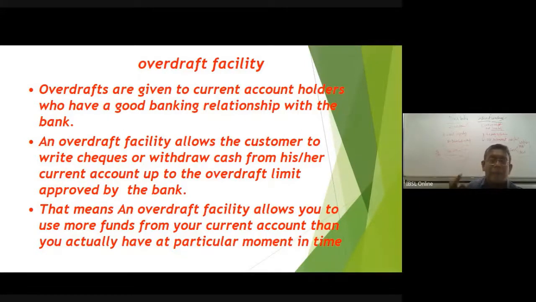You need it quickly sometimes. I don't want a permanent one, but there are some occasional instances where I need some facility. So that is the temporary overdraft facility. Cater to your liquidity needs at a given point in time.